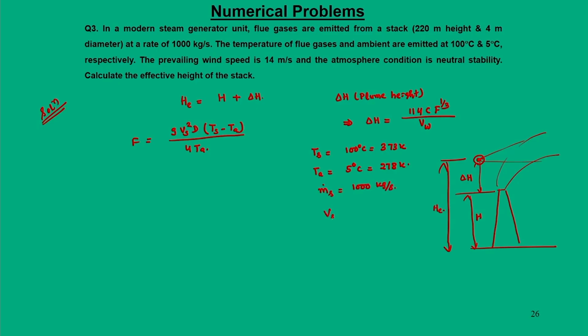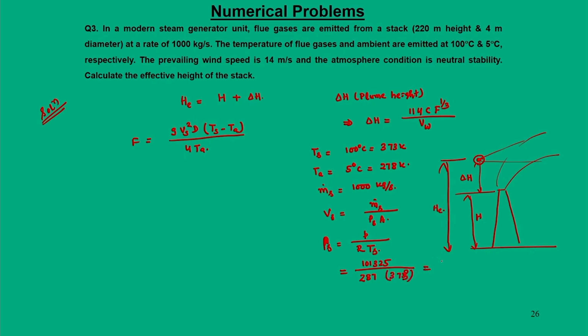So, velocity can be obtained as V S, that is m dot S divided by rho S into A, and rho S is nothing but P by R T S. Pressure is atmospheric 101325. Flue gas, value of R for flue gases is 287. Temperature of the stack is 373.